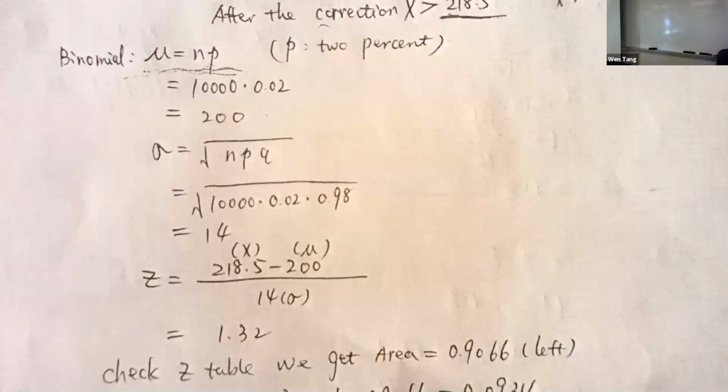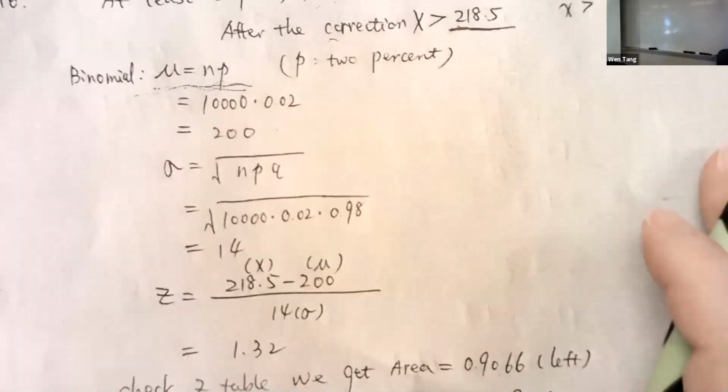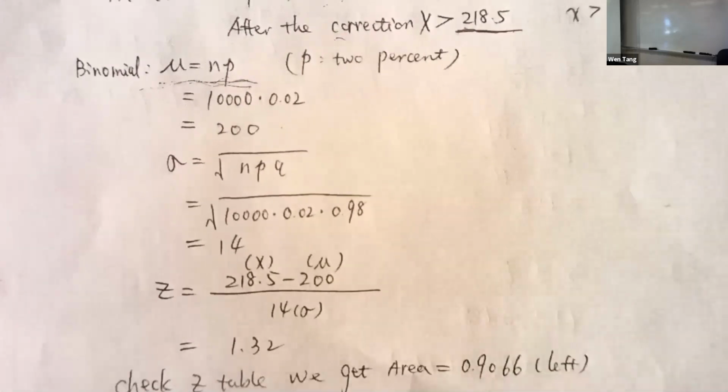Then we're going to check this z in our z table. We will get the area, 0.9066. But we should ask ourselves the question: is that the final answer we are interested in? Is that the probability we want to get? Because this is the area cumulative from the left.